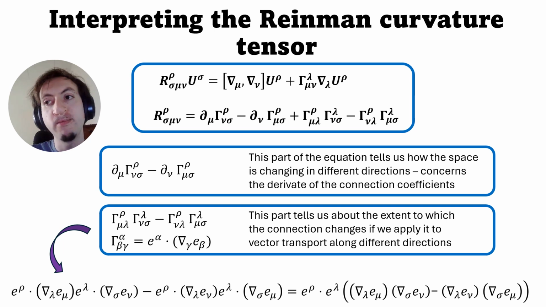So we're kind of comparing what it's like transporting along one direction to another in terms of our covariant derivatives.